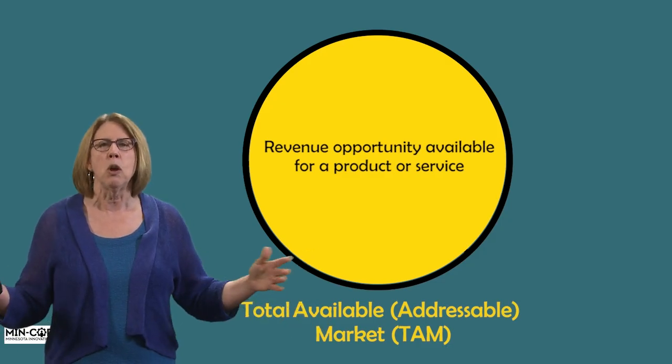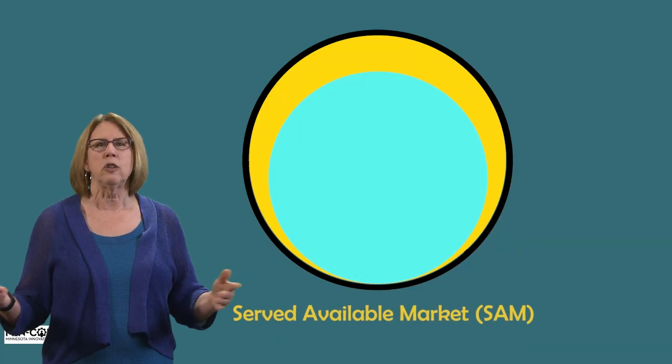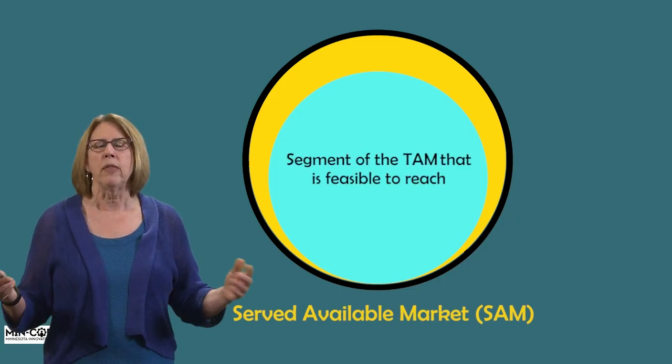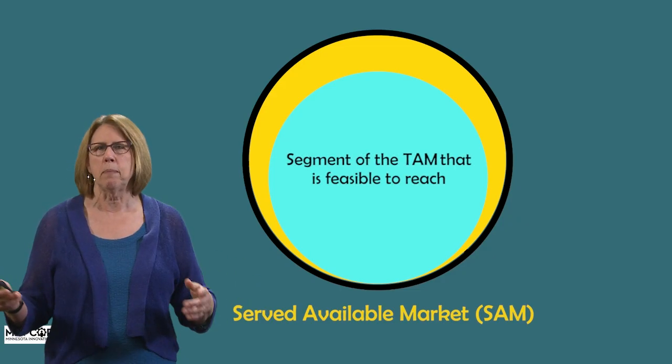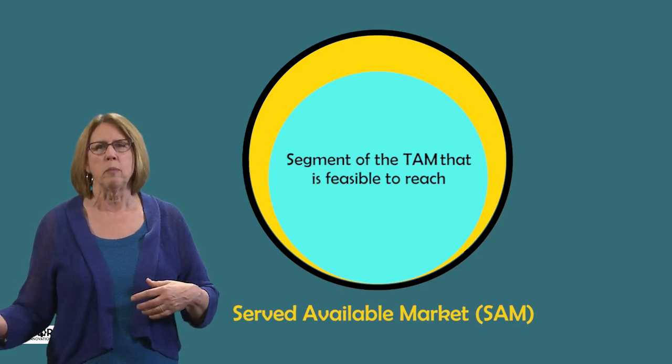It's everybody with that set of characteristics. Within that, there's kind of a feasibility test, the served available market, which is focusing in on those people that you can reach. And this might be about geography, or it might be about some other form of distribution.